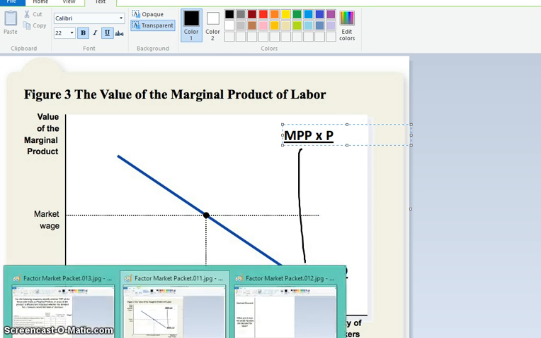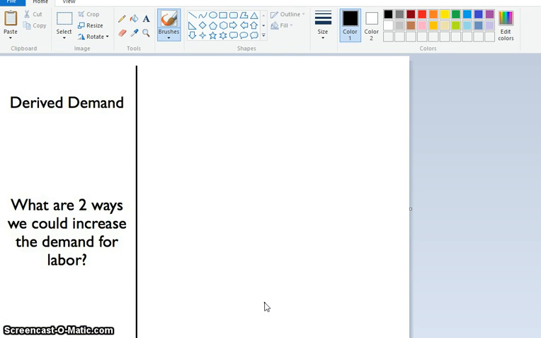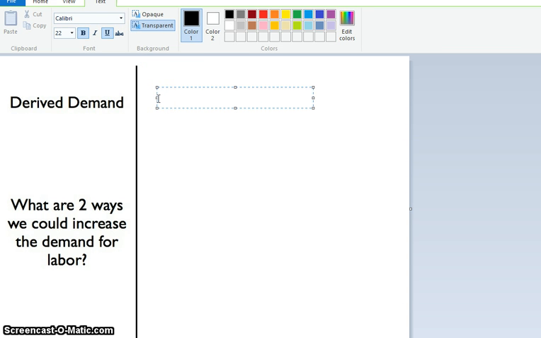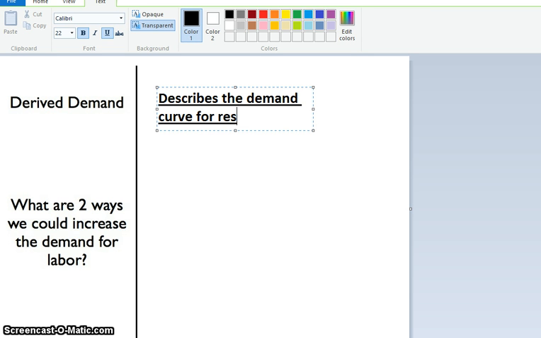This is what we call derived demand. So if you look back to your slideshow packet, you'll see this. So derived demand here. I want you to write some stuff down here. This is what we use to describe the demand curve for resources.